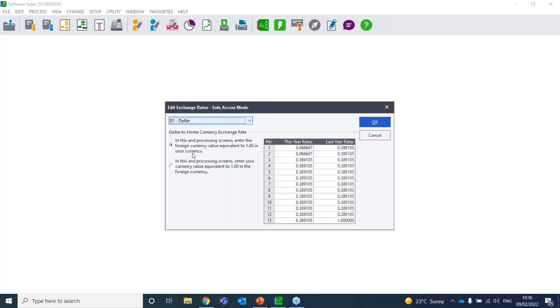So guys, if my home currency is rands and the foreign currency I'm working with is Mauritian rupees, the rand is stronger than a Mauritian rupee, I would choose the first option because I could put in 2 rand 50 for a Mauritian, or 2.5 or so rupees to a rand.